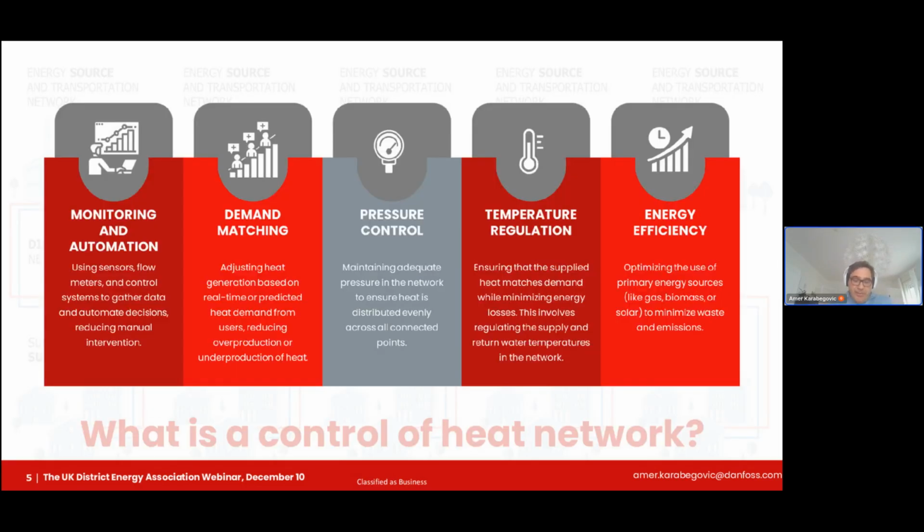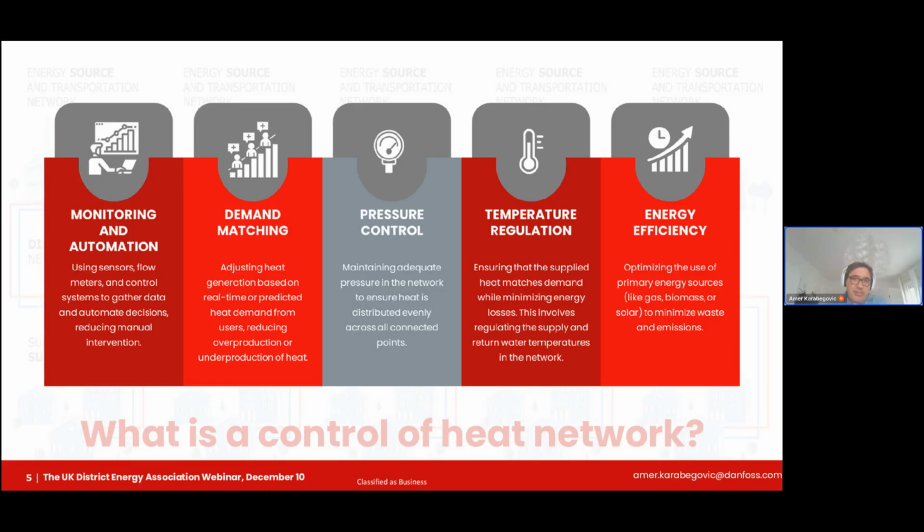Now back to the topic, what is control of a heat network? Control of a heat network refers to the processes and systems used to manage the heat generation, distribution, and consumption of heat within a centralized heating system. The objective is to ensure efficient, reliable delivery of heat to end users while maintaining optimal energy usage and cost effectiveness.